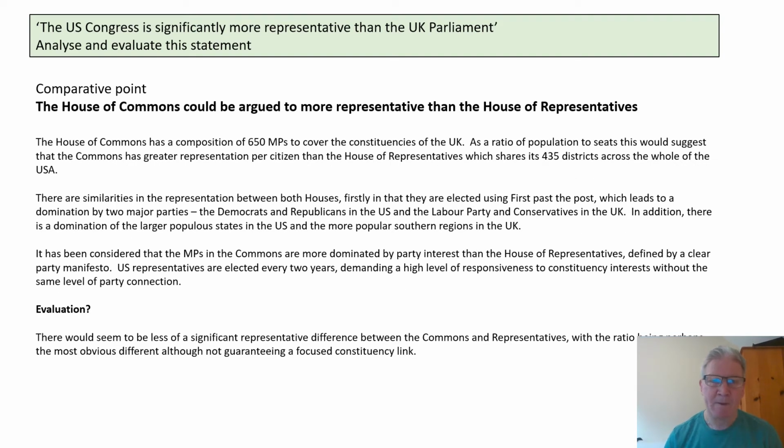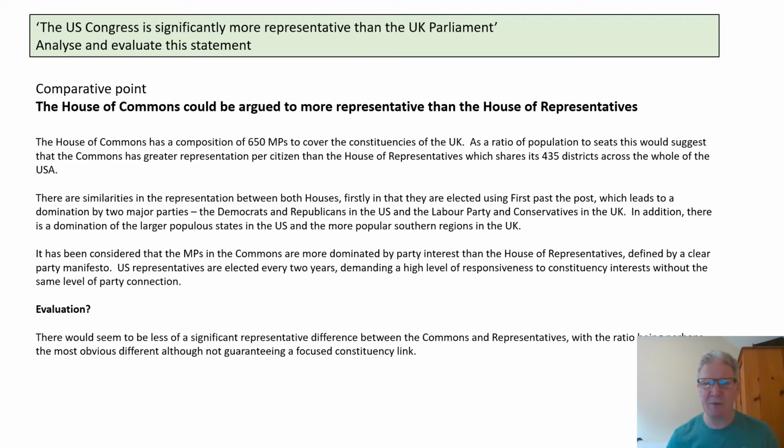Second point, the House of Commons could be argued to be more representative than the House of Representatives. You would argue that based on the number of representatives that exist. In the House of Commons, 650 MPs cover the population of the UK, whereas only 435 districts cover the whole of the United States. So clearly there's a greater representation per person in the UK. However, there are similarities.